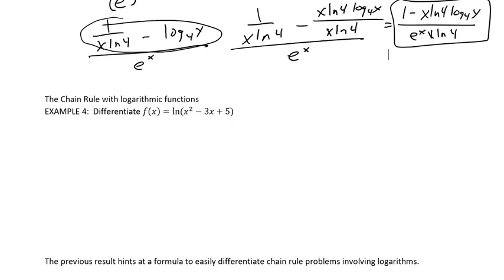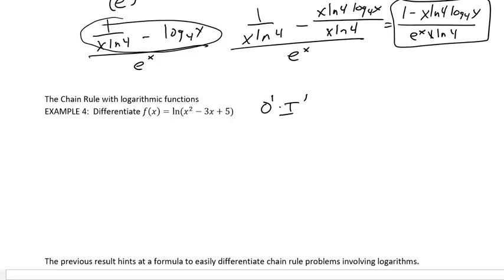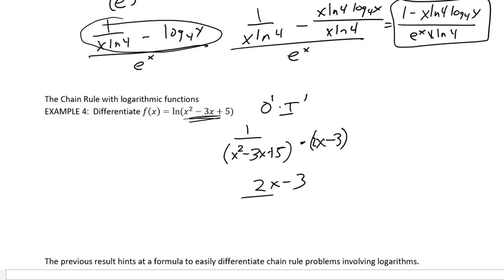The derivative of the outside function is 1 over, and we keep the inside function there, x squared minus 3x plus 5, times the derivative of the inside, which the derivative of x squared minus 3x plus 5 is 2x minus 3, and then combine the fractions: 2x minus 3 over x squared minus 3x plus 5. That's the derivative of the natural log of x squared minus 3x plus 5. Okay?